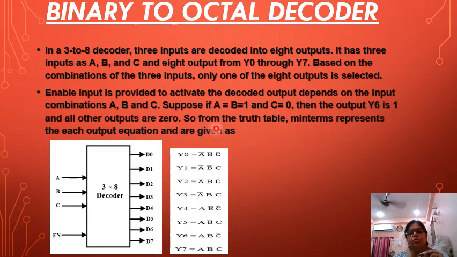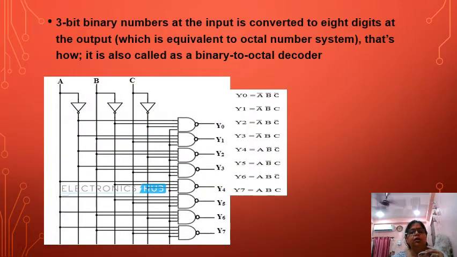From the truth table, minterms represent each output equation, as given below. See, these are the minterm expressions. Now you can go through it. The 3-bit binary number at the input is converted to 8 digits at the output, which is equivalent to the octal number system.